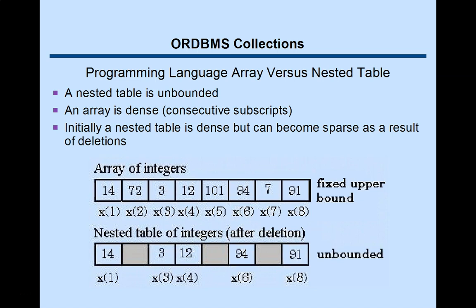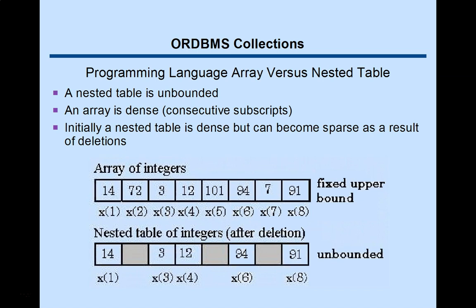When we have a nested table using the same data type, a nested table of integer, we draw it here as having a certain capacity, but we note that this is unbounded. We can go beyond what we've shown here. Currently, we're showing 8 slots, but this can exceed that, whereas the array has reached its upper limit, predefined as having a capacity of 8 slots.